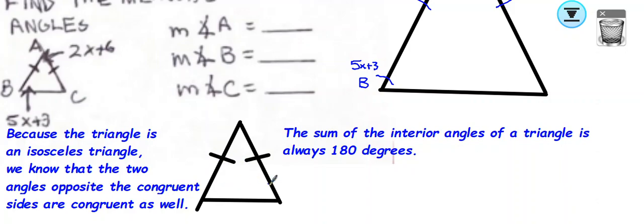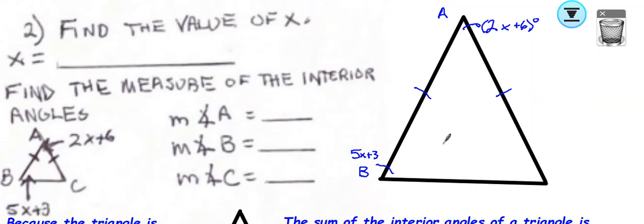So this angle and this angle are also congruent. So if this angle is 5x plus 3 degrees, so is this one right here. So this is angle C, and that is also 5x plus 3 degrees.